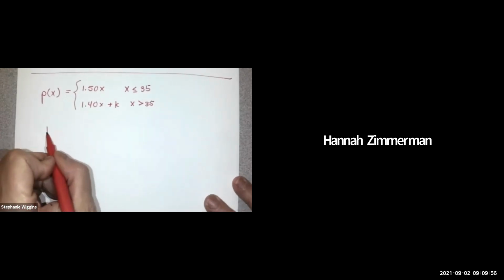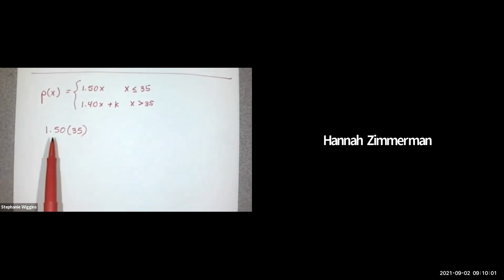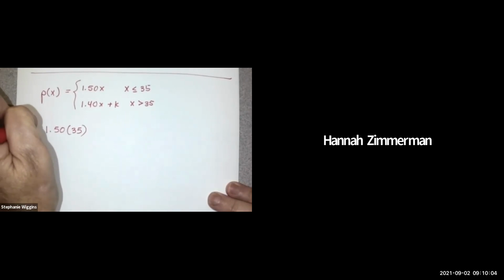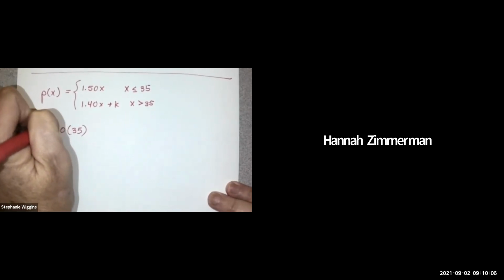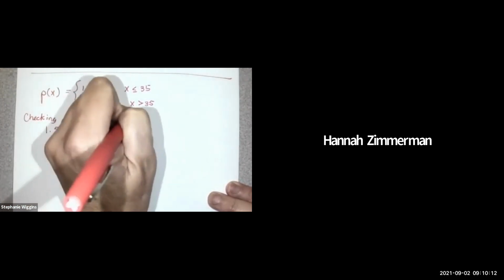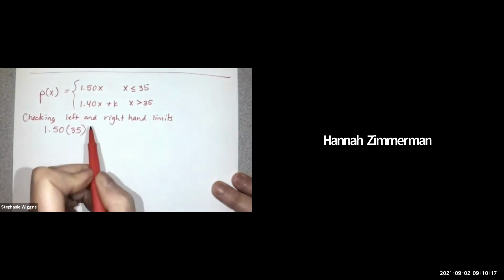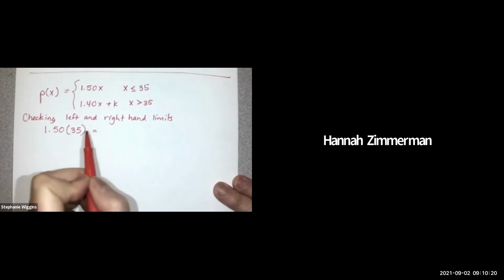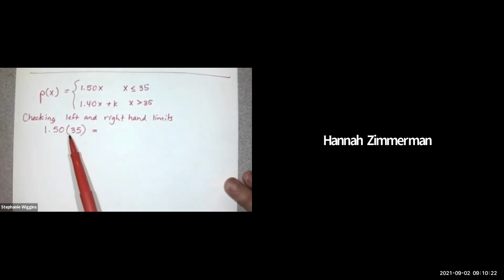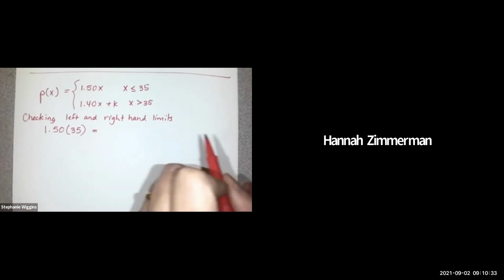So I plug in the 35, 1.50 times 35. And so we're checking the left and right hand limits. So let's see, 35 plus, half of 35 is going to be 17.5 plus 35.